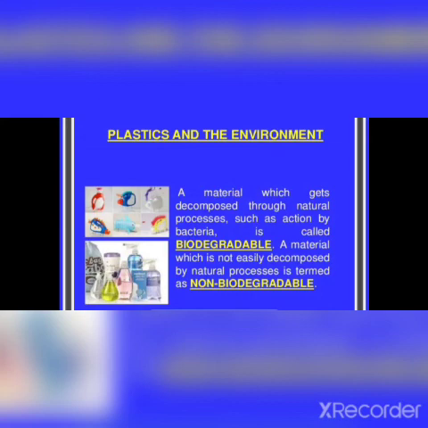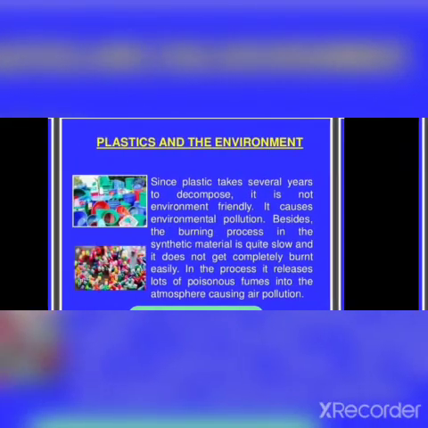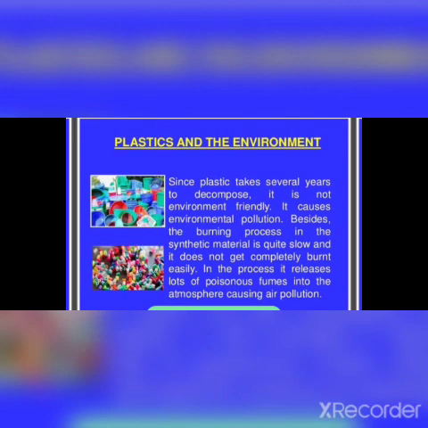Example: plastic. Plastic takes a lot of years to decompose. It is not environment friendly as it causes environmental pollution. Burning of plastic releases toxic gases into the air, causing air pollution. Inhaling this air is very dangerous to human beings and other forms of life.